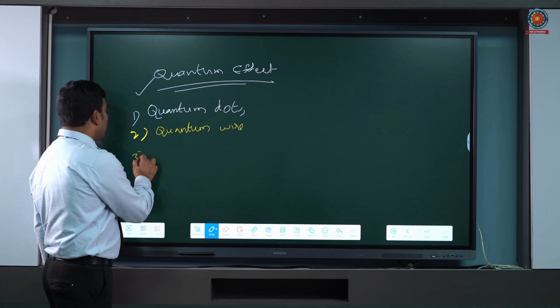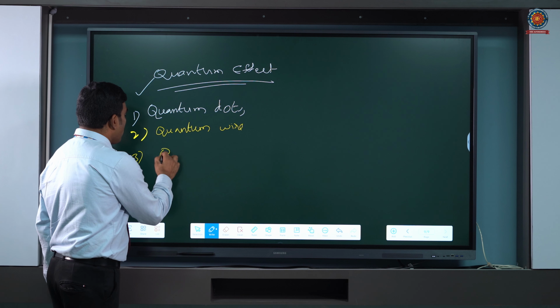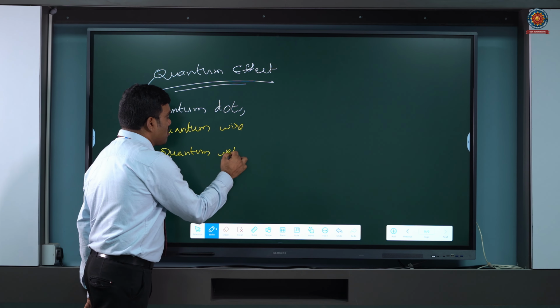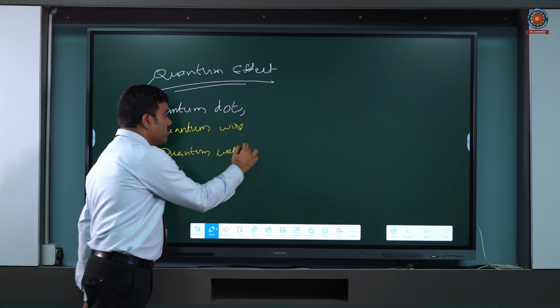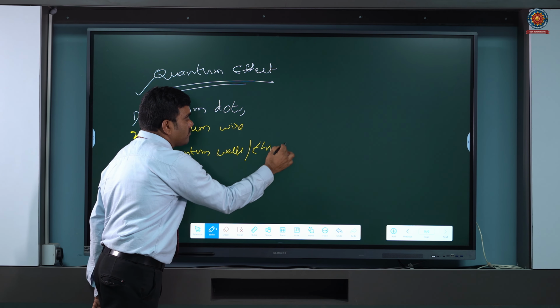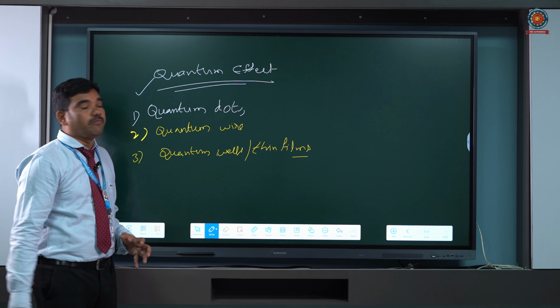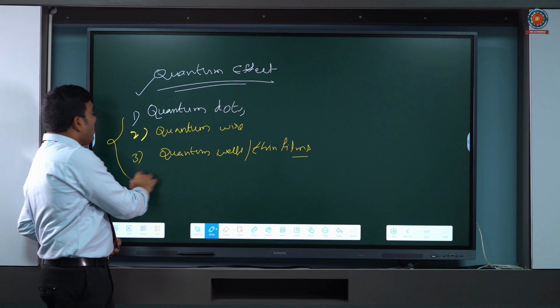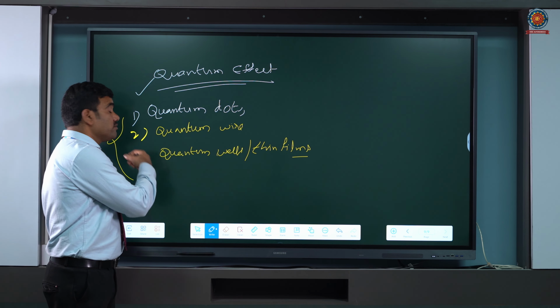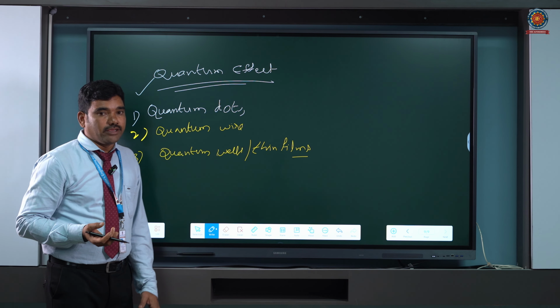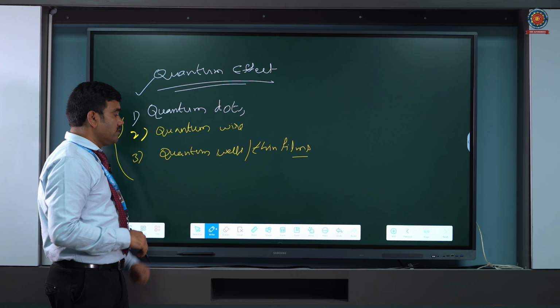Third one is quantum wells or thin films. These quantum materials and quantum shapes mainly depend on the material properties.